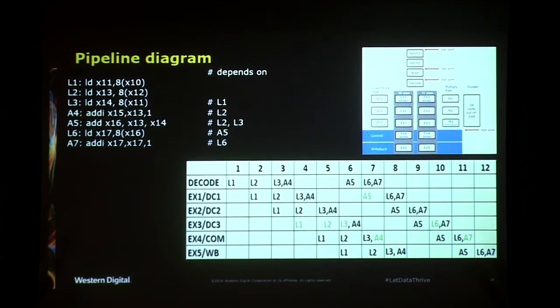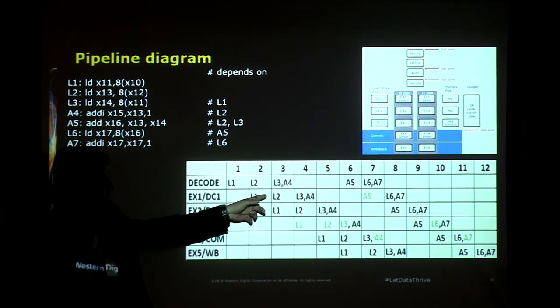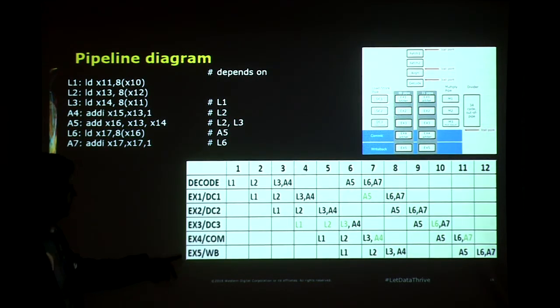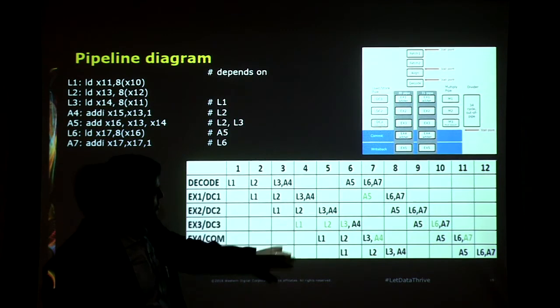So when L2 gets into the pipeline, it's going to need two clock cycles for register X13 to be available. So when you want to do your A4 operation in the pipeline, you don't have this value ready and you cannot do it. And in a classical pipeline, you will stall. In this design, you actually continue without stalling.